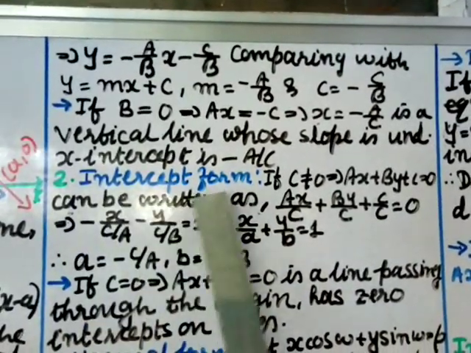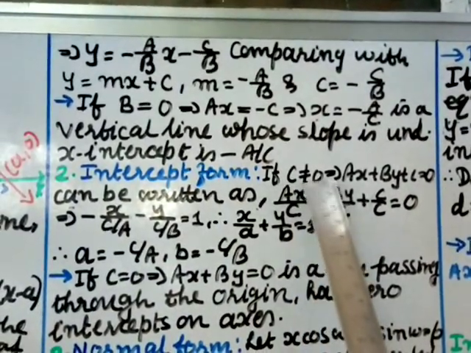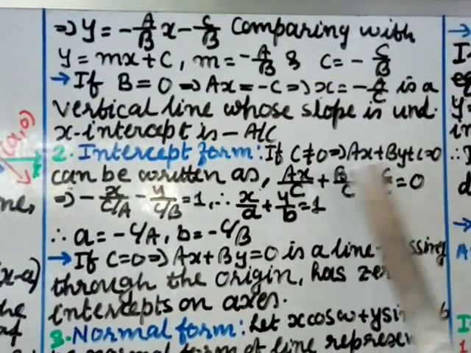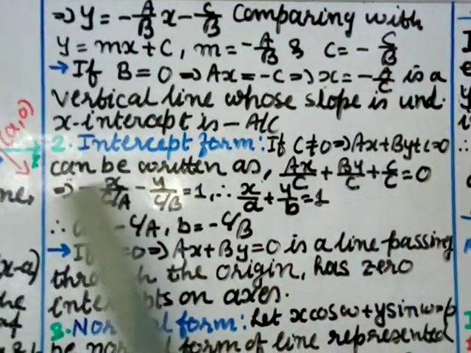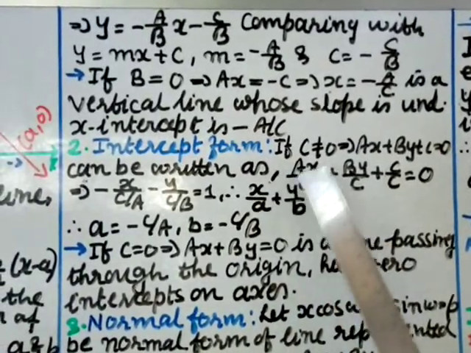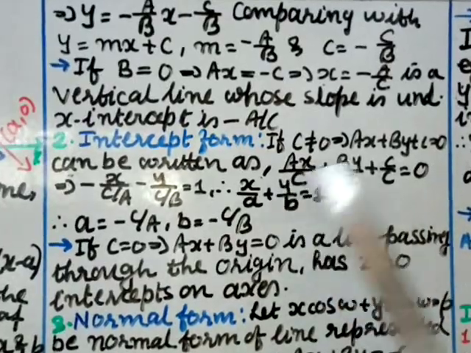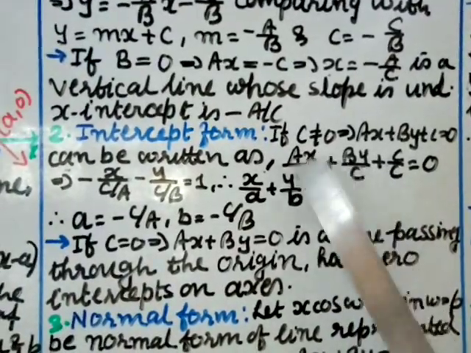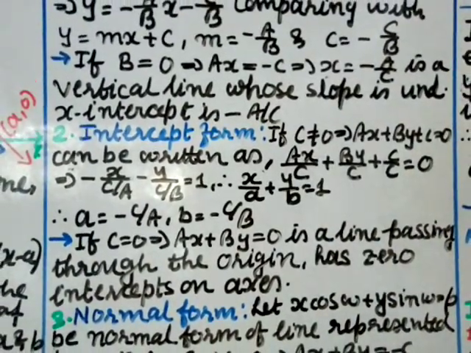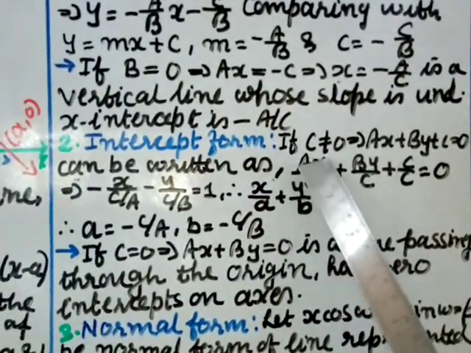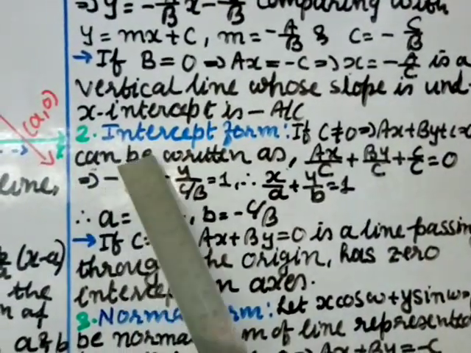Number 2, intercept form. If c is not equal to 0, then ax plus by plus c equal to 0. Divide each term by c. So ax by c plus by by c plus c by c equal to 0. Now this c by c keep here, and these terms you transfer over here, it becomes negative. This a you transfer to the denominator, so it can be written as minus x by c by a.